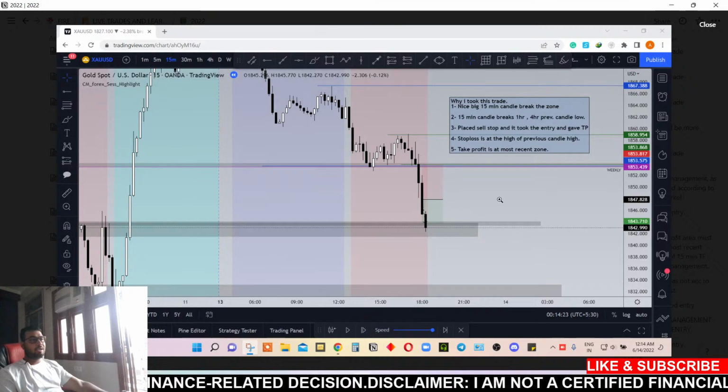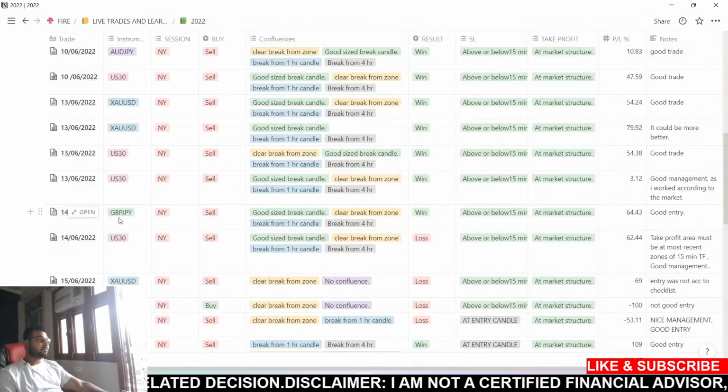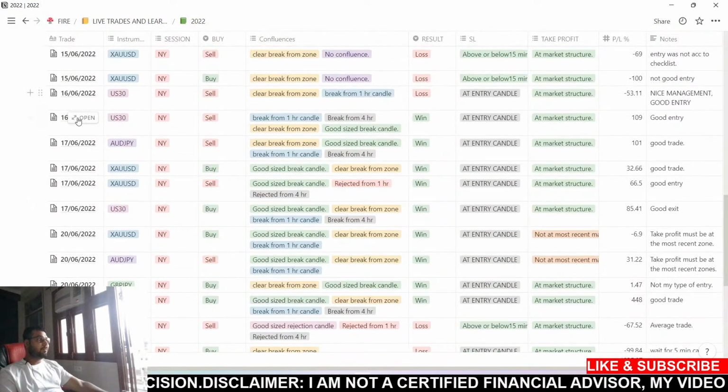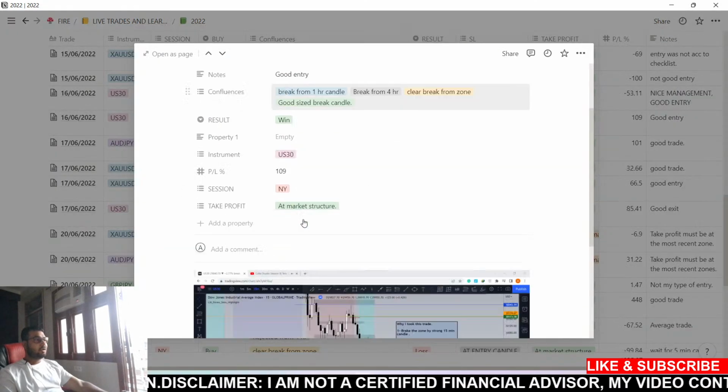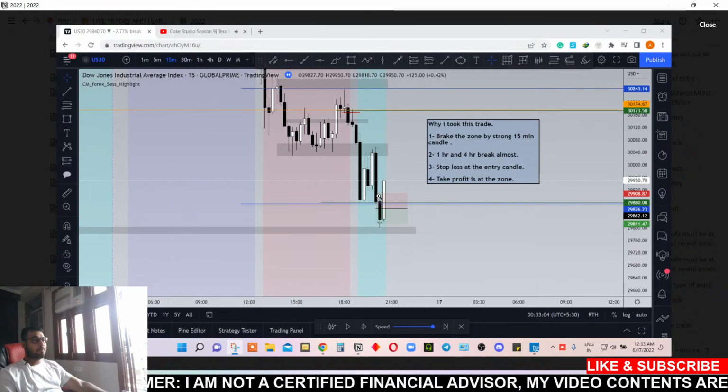But from 16th of June, what I did is I started placing my stop losses on the running candle, on the entry candle, around this area, and taking profit.